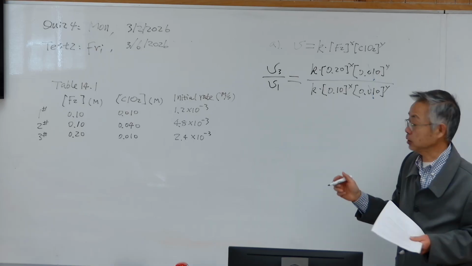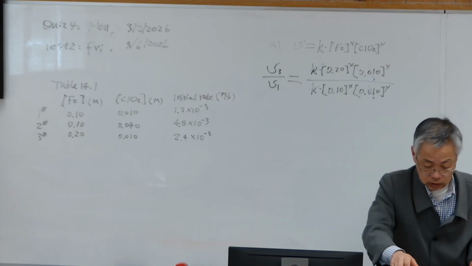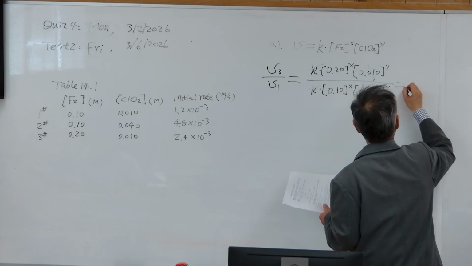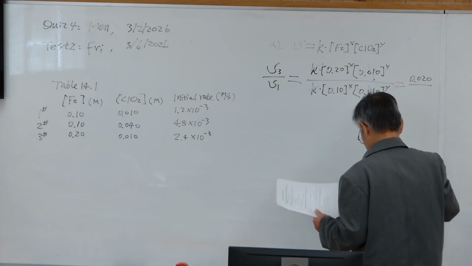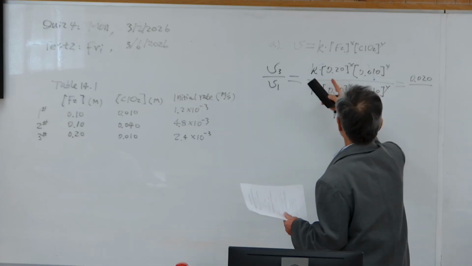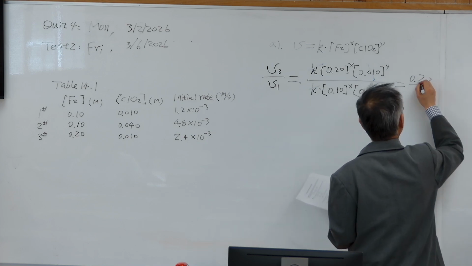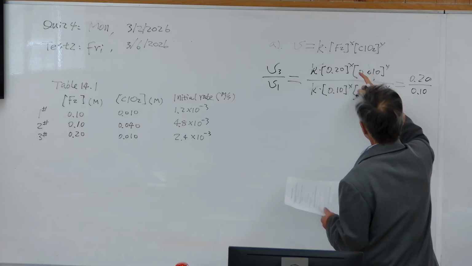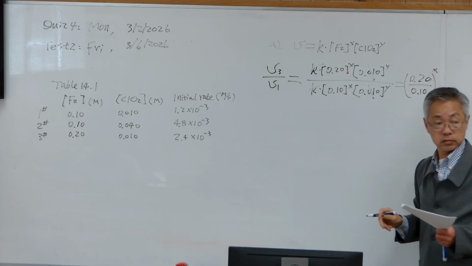No temperature change, so K should be the same. So only 0.2 is left over, over 0.1 in the denominator. Both to the X power, so we can combine them together as X to the power, right?